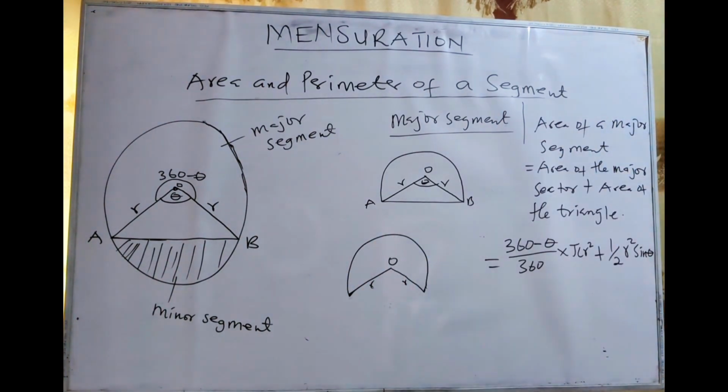So this is about the area of the minor segment and the area of the major segment. I believe this is understood.